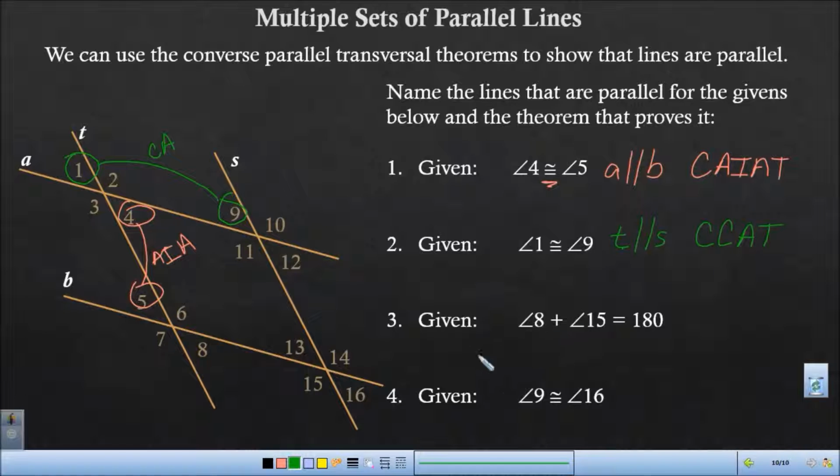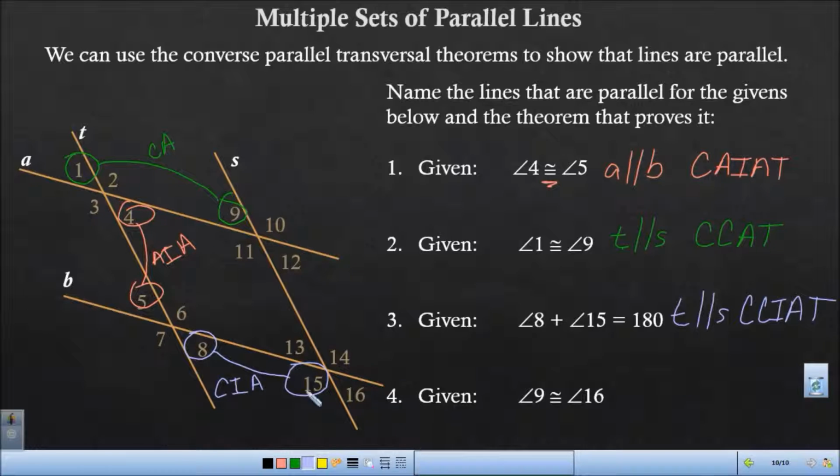Then we have 8 and 15, and these angles are consecutive interior angles, the top secret ones, CIA. And B is their transversal, so T and S are parallel. T is parallel to S by the converse consecutive interior angles theorem.